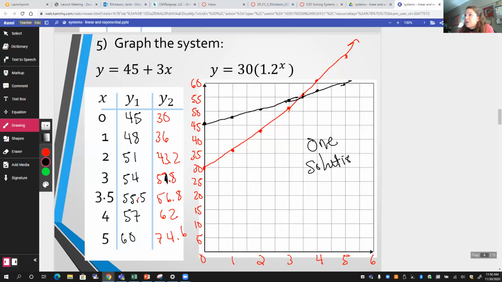Based on our graph, we know that they cross somewhere right here, which would probably be about 3.25, something like that. So the solution is between 3 and 3.5 for the x value, and then the y value. If we wanted to, we could probably figure out exactly what it is using our calculator. But anyway, we're really close. Between 3 and 3.5, that's pretty good, right?